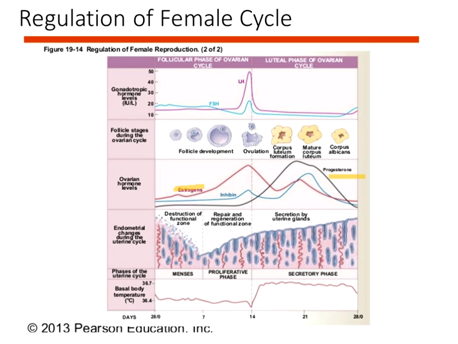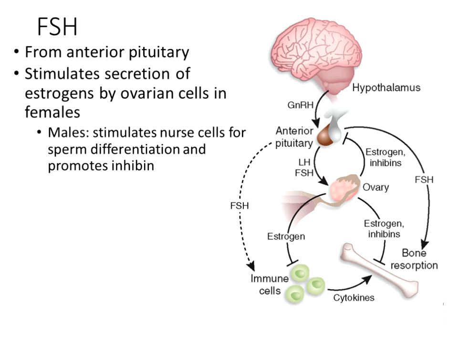Once estrogens start to rise with secondary and primary follicular levels and estrogen increasing from those granulosa cells, we proliferate the functional zone, then we ovulate, and the progesterone from the corpus luteum helps increase and maintain the secretions of the uterine lining, and then when it falls, we start over. Okay?